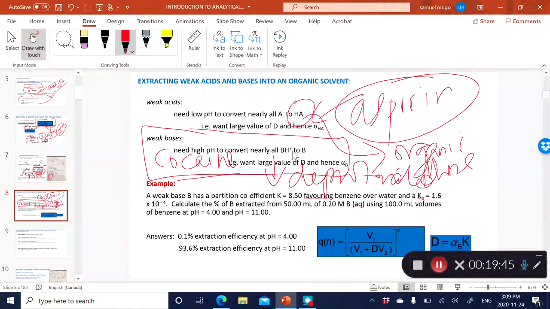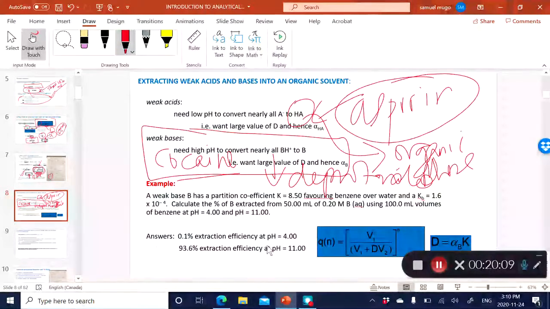All right. So how about you solve this problem at home where you've got now a weak base and it has a partition coefficient of 8.5, favoring to be in the benzene organic phase of our water. And you've been given the KB in this case to be 1.6.